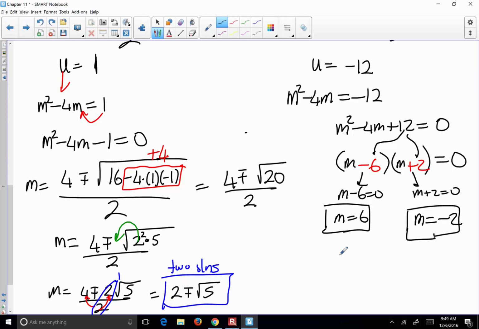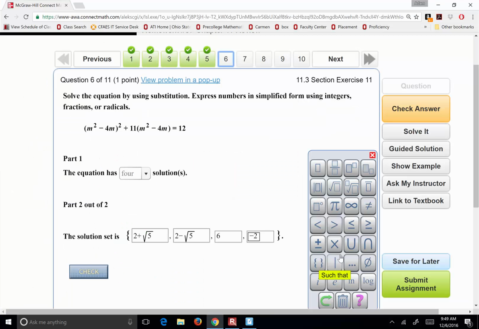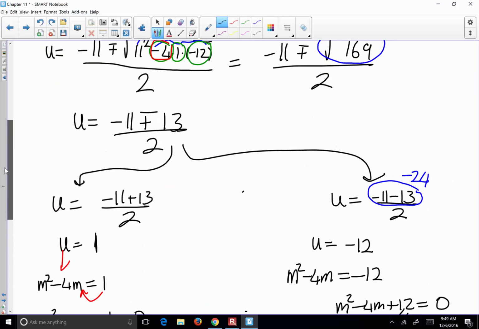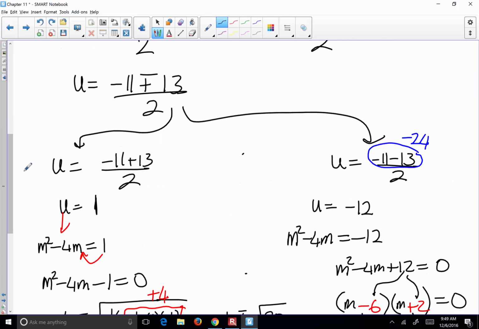Where did we mess up? One and minus 12. We may have a mistake here.